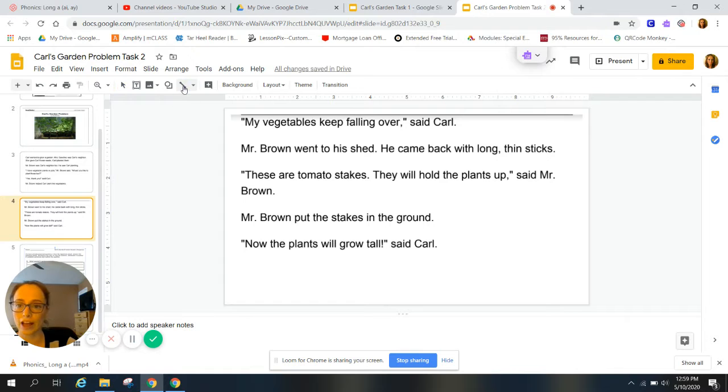If you have your pencil, you can underline where I found the answer, so we know that it says my vegetables keep falling over.